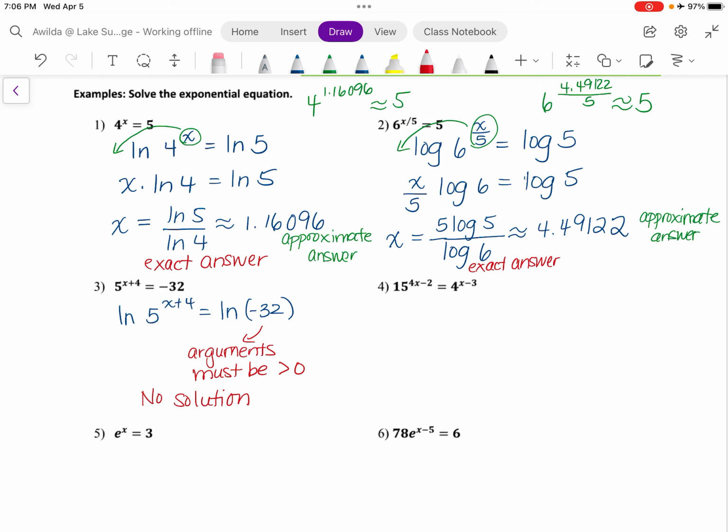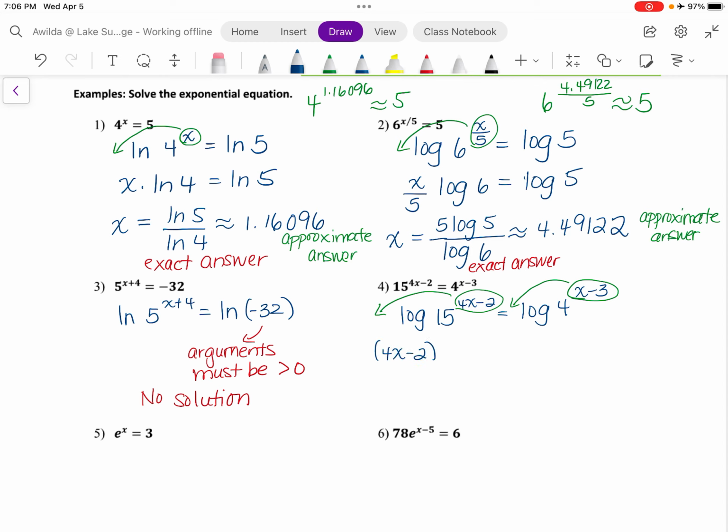In the next example, I'm going to use the common logarithm again, taking the common logarithm of both sides. And this time, I can bring 2 different exponents out front to become coefficients. Now, these exponents are binomials, so when I bring them out front, I want to make sure that I enclose them in parentheses for clarity.